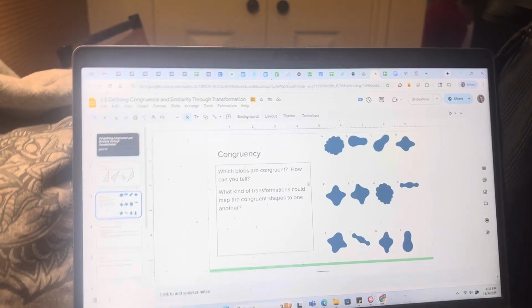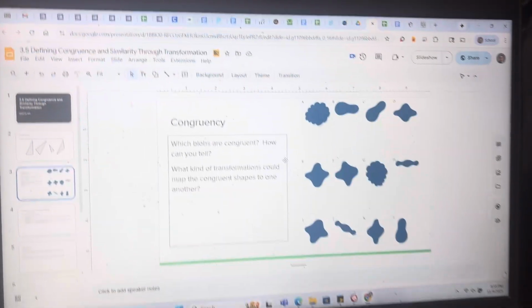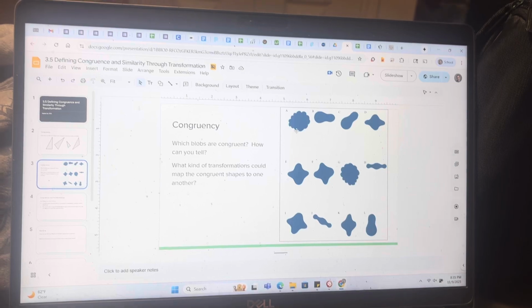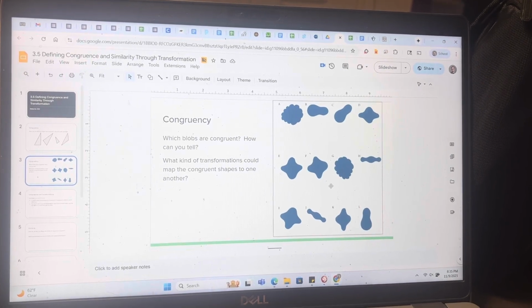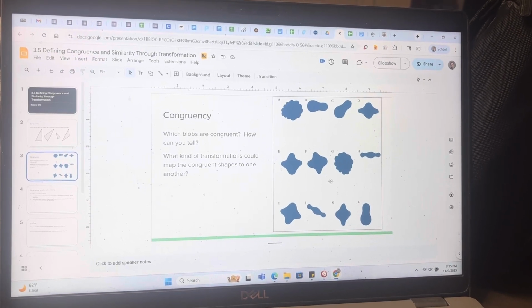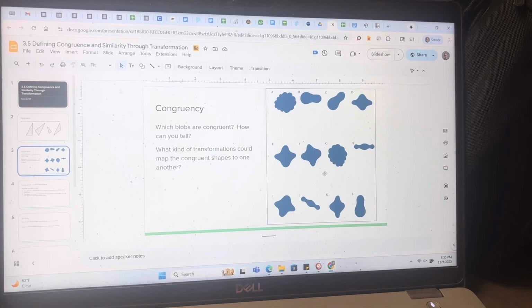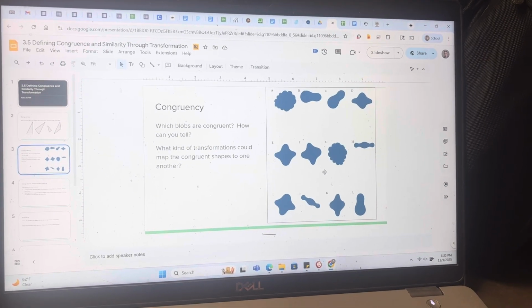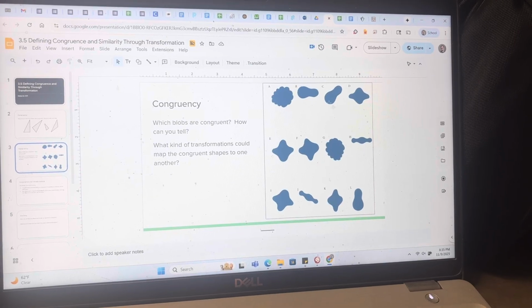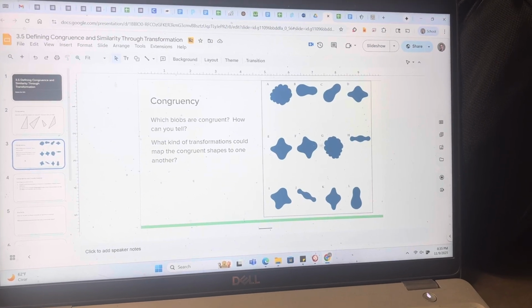So there was supposed to be this assignment with these blobs, and you were supposed to work your way through and try to see which blobs were actually the same as the other blobs, and talk about what kind of transformation it would take to make one of these blobs congruent with the other blob and how you could tell.